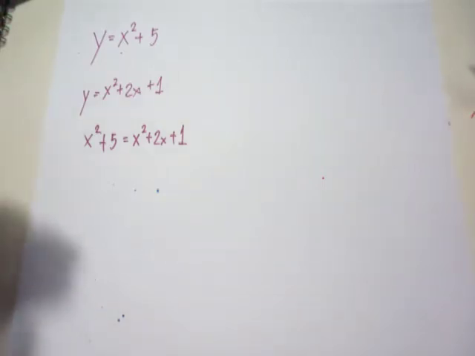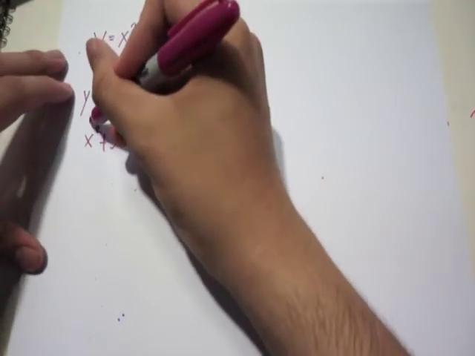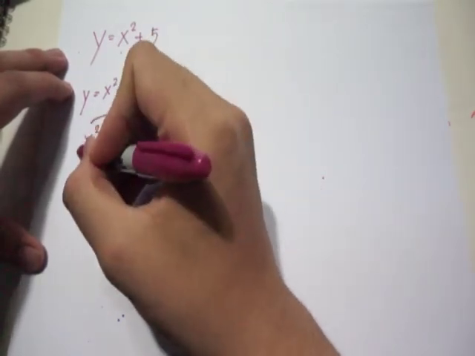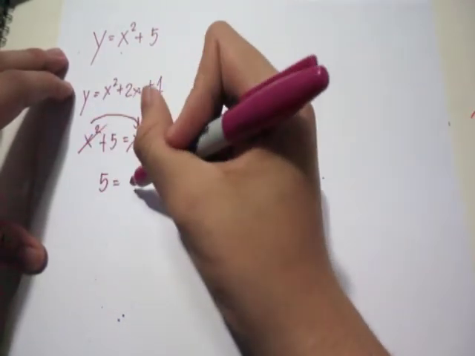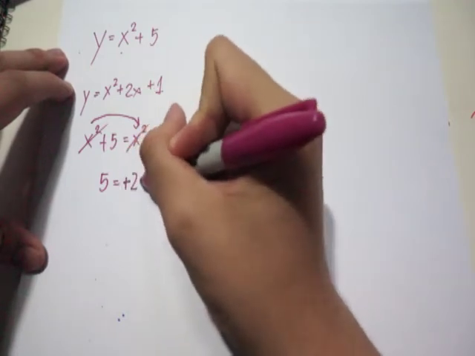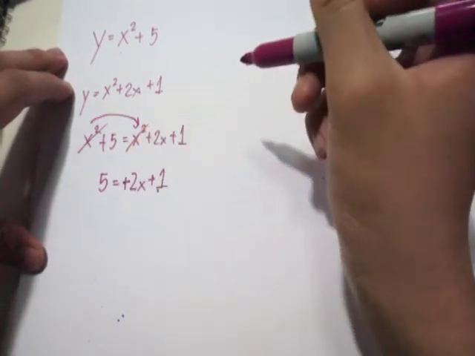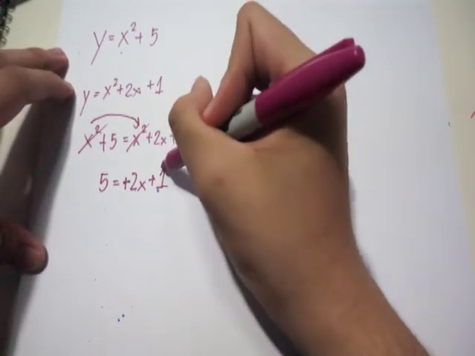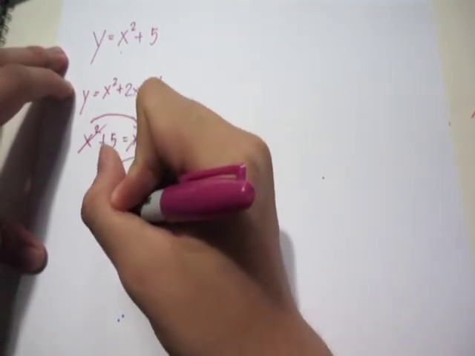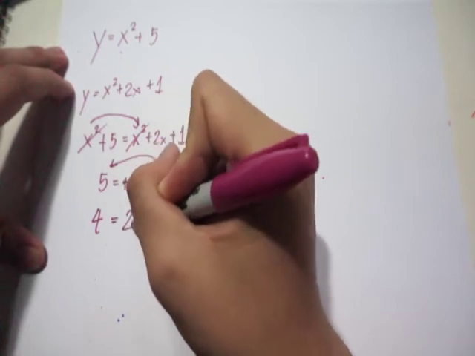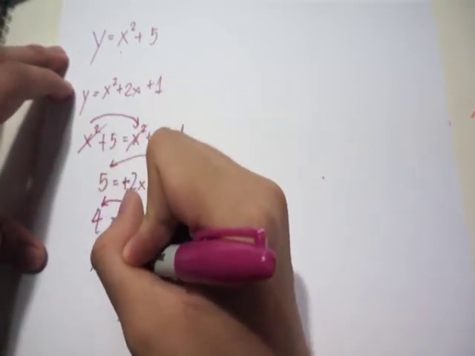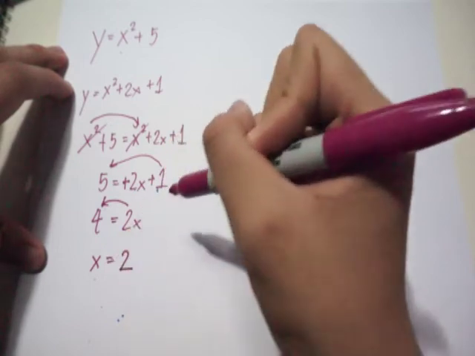So how do we do that? Well, we change sides. This to this. That would eliminate each other. And then we have plus 2x plus 1. And then we're gonna move this to this side to just 4 equals 2x, and then the 2 will go, and then x will equal 2.